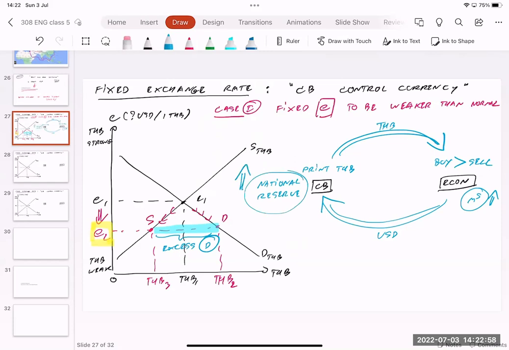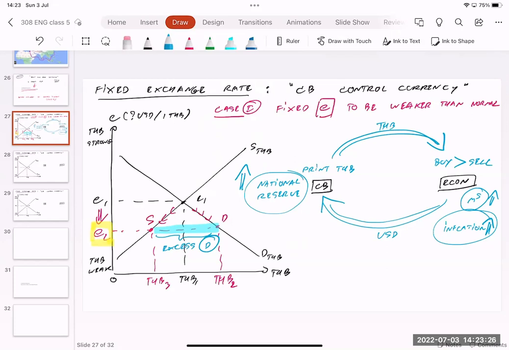However, the bad side is that the Thai baht is going to flow into the economy more. Money supply increasing can create an inflation problem. If the money supply increases too fast and too much, people have more money in their hands, people are going to spend more money, and they're going to make everything in the economy become more expensive. It can create an inflation problem.